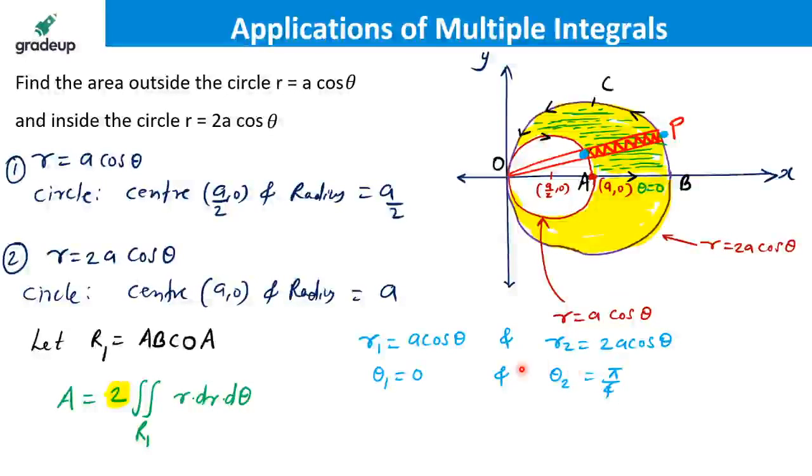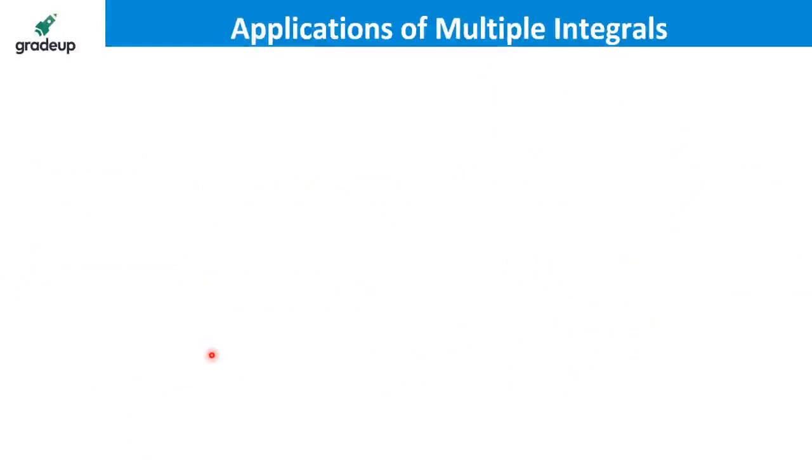These are the limits. So apply these limits in this double integration, you will get the answer. So area is 2 times the outer integration with respect to theta, inner integration with respect to r, dr d theta. Now what is theta 1, theta 2?